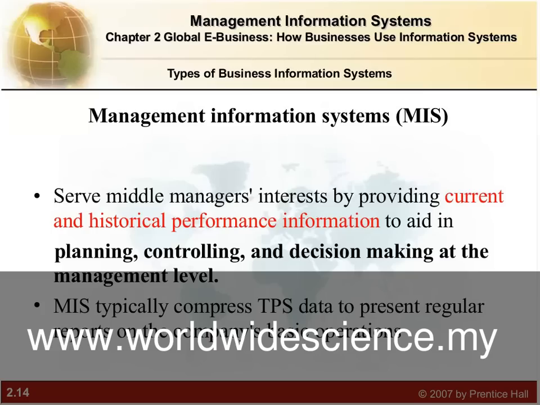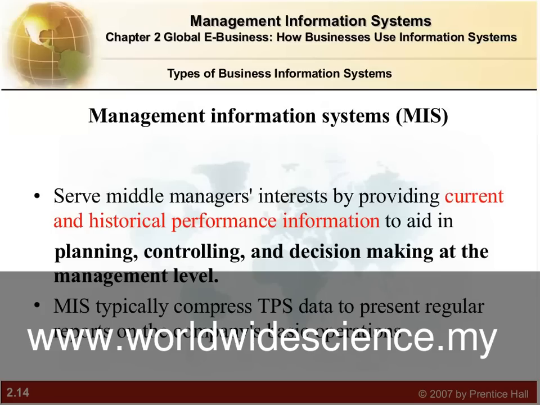Actually, MIS provides them with reports on current organization performance. This kind of report can be used to monitor the business and predict future performance. So it's information in this MIS that we can use for decision making. It reports on the company's basic operation using data supplied by TPS.